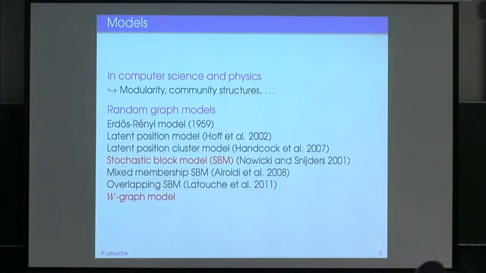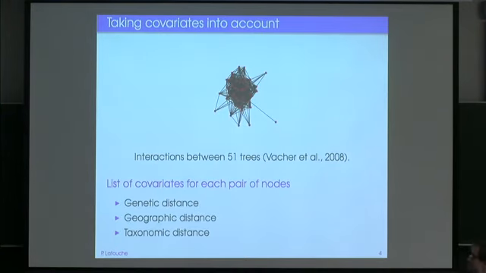So here's what I am interested in today. I want to study a binary network for which I have some covariate information available. This is an example: a network of trees, and the edges are binary, and you've got a connection between two trees if they share some common parasite.